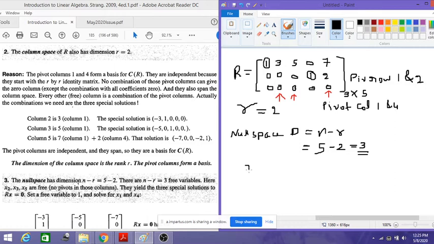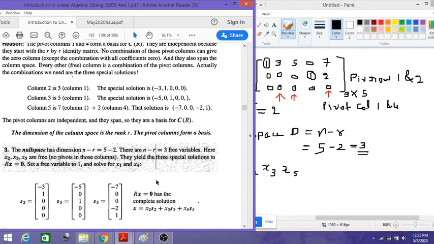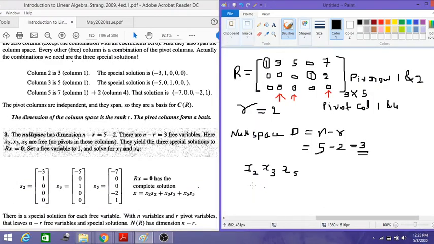Then x2, x3 and x5 are the free variables which don't have any pivots, and that forms the special solutions. So we get the special solution S2. I'll leave it to you to find the special solutions, but I'll quickly write them here: minus 3 1 0 0 0.